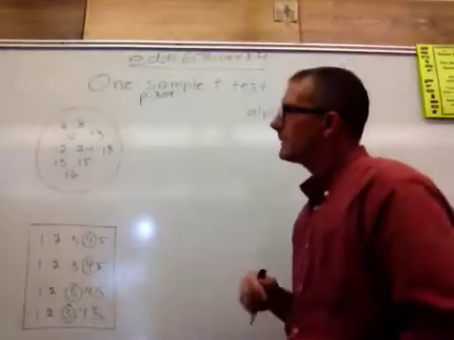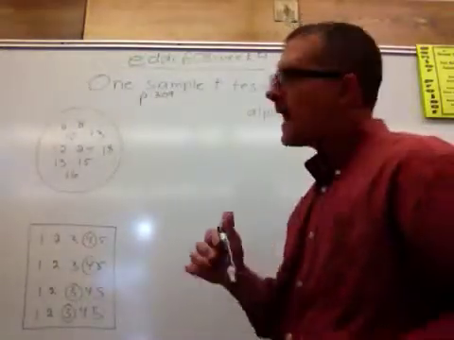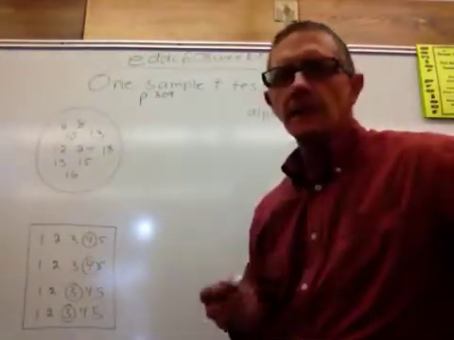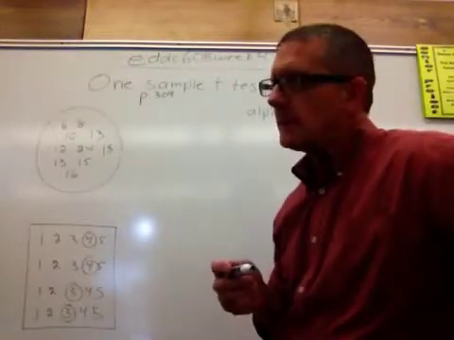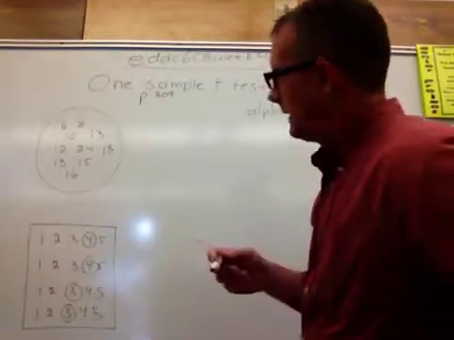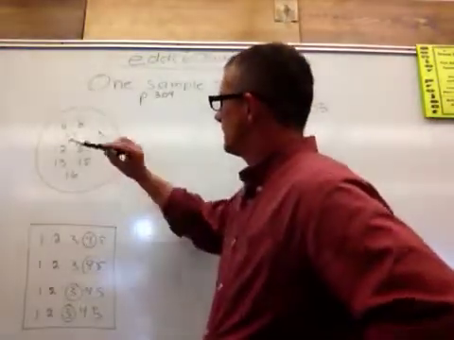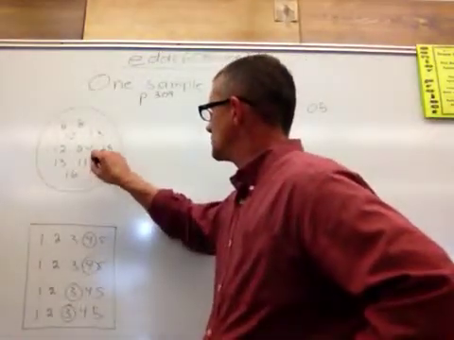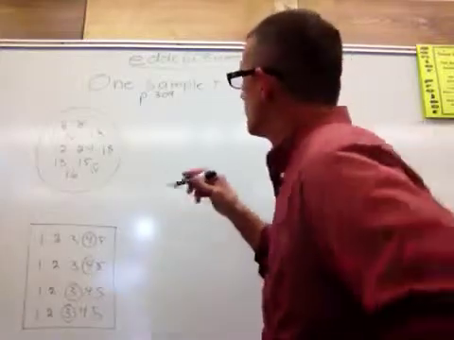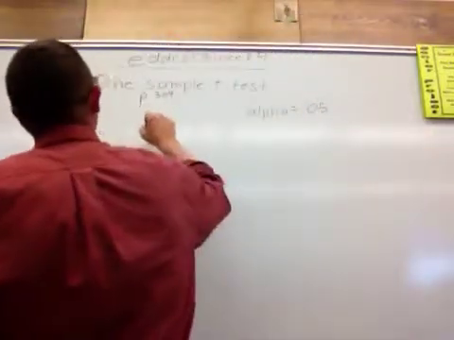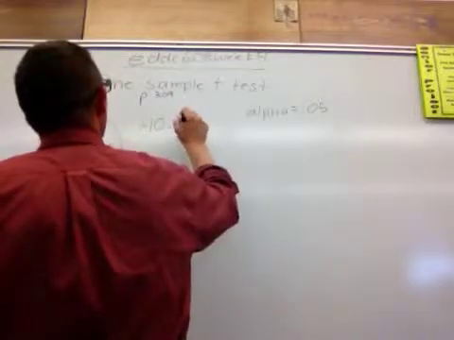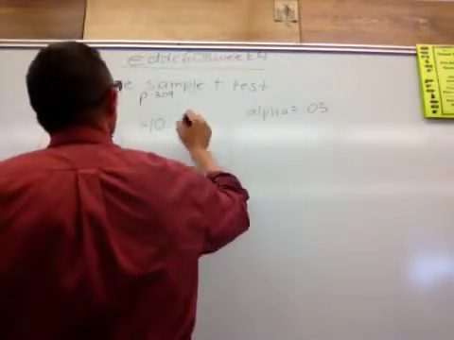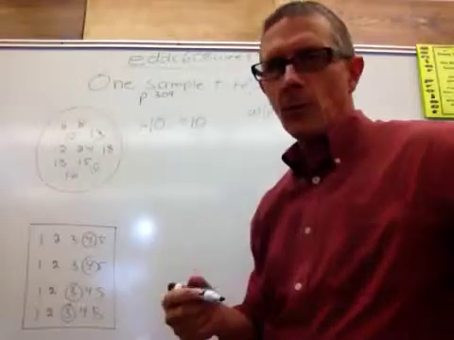Okay, first of all, let's say that it's commonly believed that the mean length of the cat's tails in the state of Oregon is, let's say, 10 inches. So that is what we would call our null hypothesis. H0 is that the mean length of a cat's tail in Oregon is 10 inches.